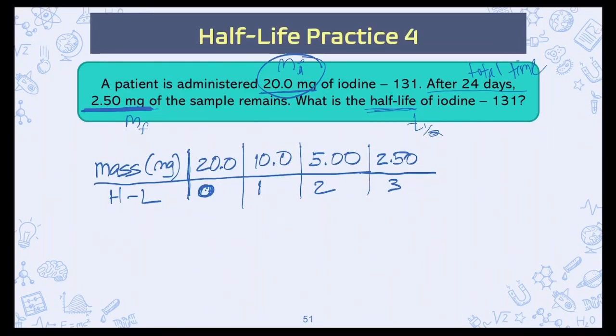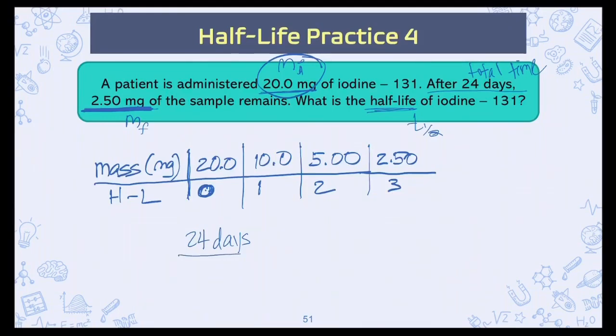So this value tells us that 3 half-lives have passed in order to reach the 2.50 milligram sample that remains. So it took 24 days for iodine 131 to decay to 2.50 milligrams. That was 3 half-lives.